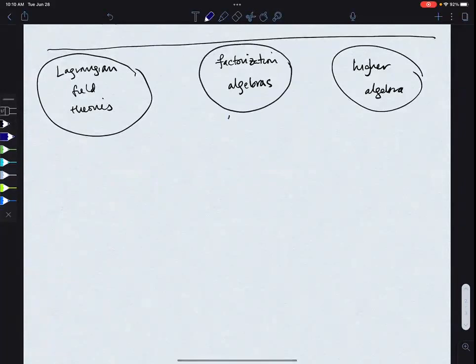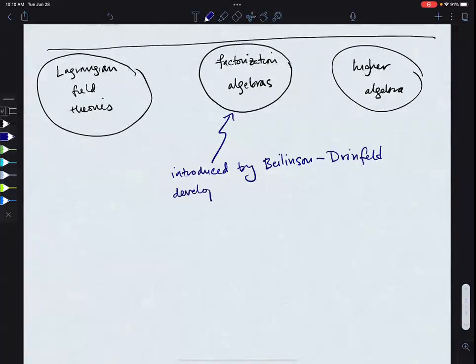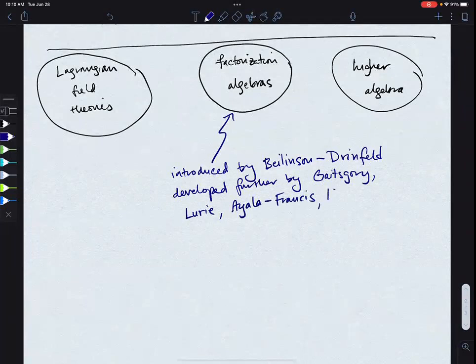I should mention these were introduced by two mathematicians, Beilinson and Drinfeld, and then developed much further by people like Dennis Gaitsgory, who is a sort of acolyte of these two and works on geometric Langlands; Jacob Lurie, who's a topologist and a category theorist; two topologists named David Ayala and John Francis; people like Kapranov; Kevin Costello and me; and some others.